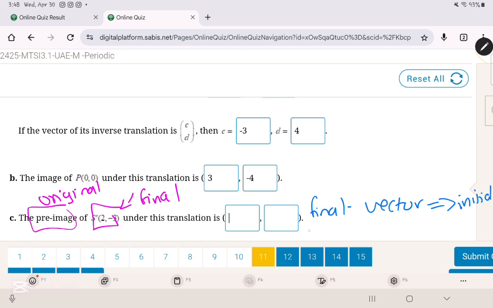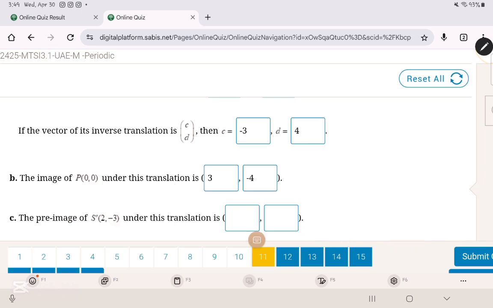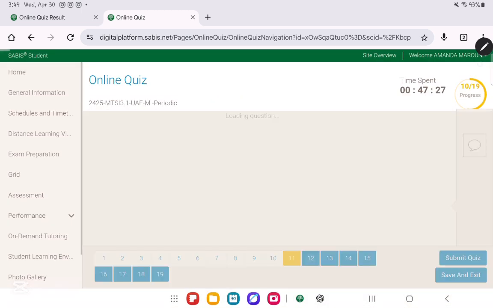Okay? So the final point in this case, which is 2 minus 3, we will subtract from it the vector, which is 3 minus 4. You will get an answer of what? You will get an answer of minus 1 and 1. So very simply, the answer for part C is minus 1, 1. We move on to question number 12.